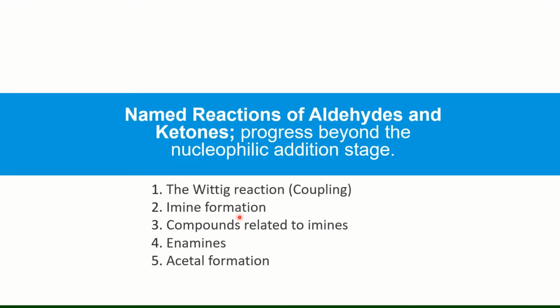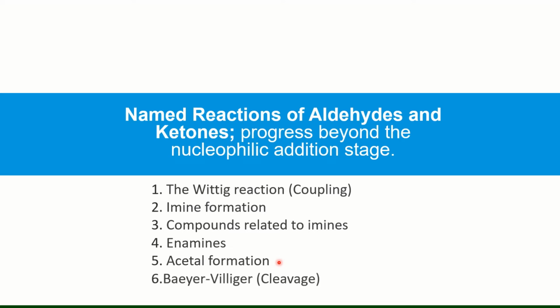So we come to a few named reactions, and we will focus right now on the Wittig, and then later we will look at the imines and enamines, which are nitrogen ligands or nitrogen nucleophiles, and then we'll look at acetals and hemiacetals, which are from oxygen nucleophiles.